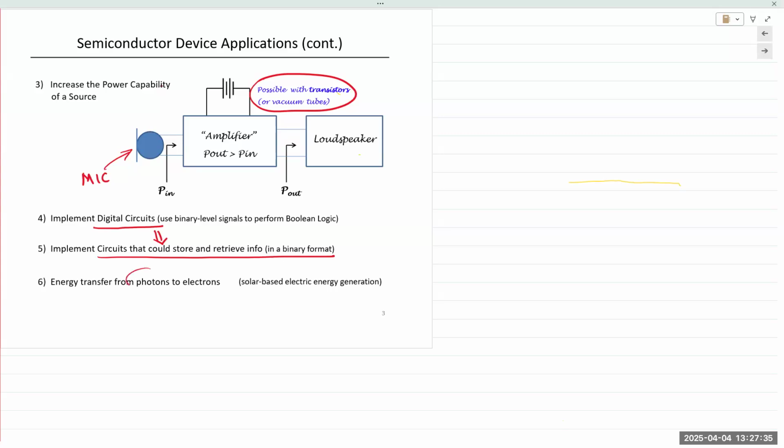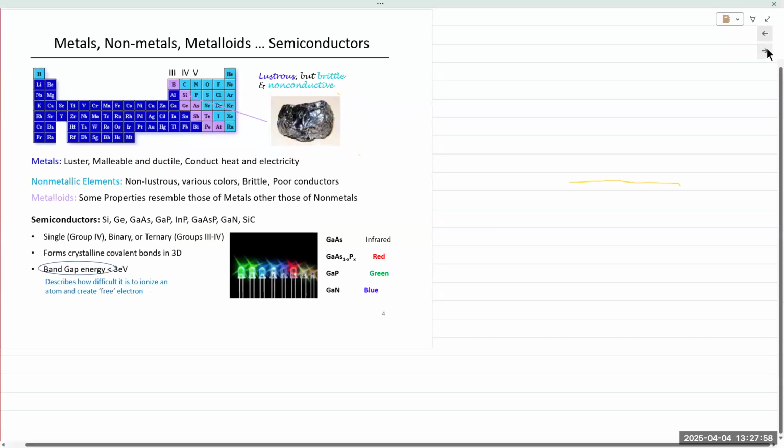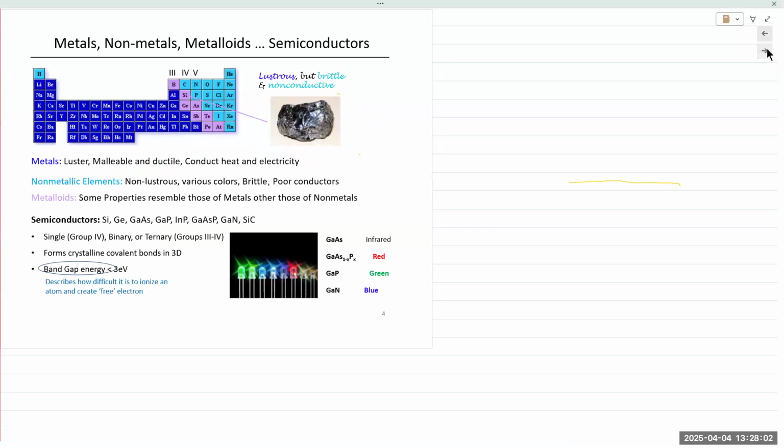And this right here, which is solar cells, can take energy from photons and transfer it to electrons. And so that's basically converting light into electricity. Now, all of this is made possible due to a specific type of material.